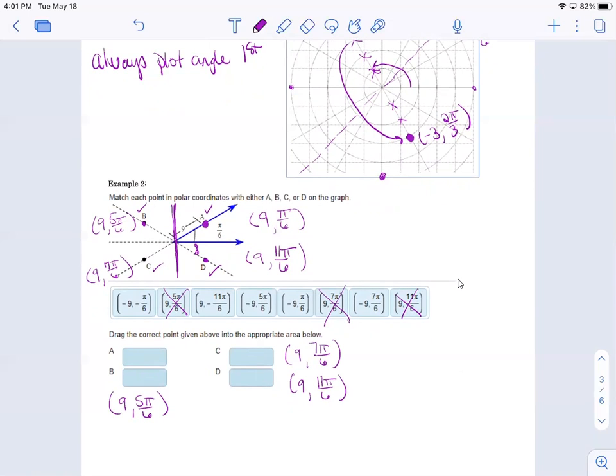All right, well, now we're getting more interesting, and we want to talk about either negative R's or negative angles. So let's focus where our angles are negative, which it looks like it's only going to be this one. Well, if I were going to plot that one, remember, go to your angle first. Negative 11 pi over 6 would be all the way here.